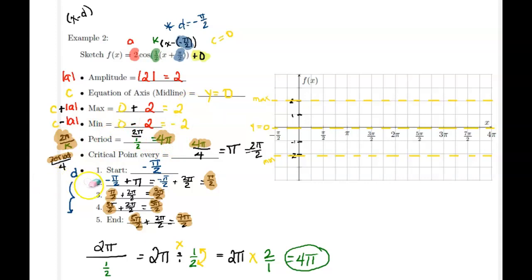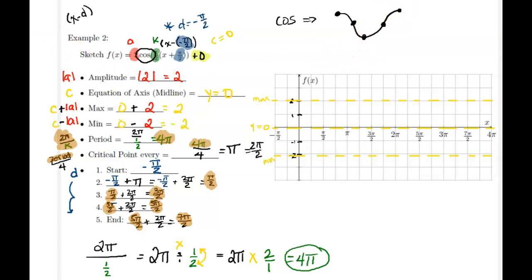Now, I know that I'm going to be starting at -pi over 2. Well, I don't know yet whether I'm at my max, midline, or minimum, so I have to take a look back, and I realize I'm dealing with a cosine function. A cosine function is going to look like that, which makes my first critical point up at my maximum, my second critical point at the midline, my third down at my minimum, my fourth back at my midline, and finally my fifth back at my maximum.